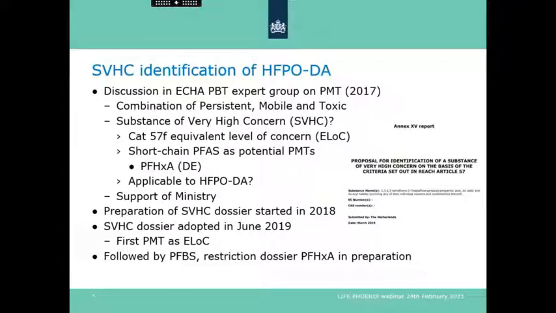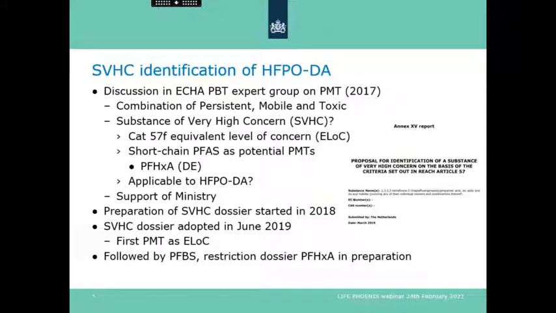For example, PFASA, the hexanoic acid, was already considered as a potential PMT substance. And we were thinking in the Netherlands whether this could be applicable to GenX, AFPODA as well. So in the end, we got the support of the ministry to go further with this SVHC dossier for the substance.